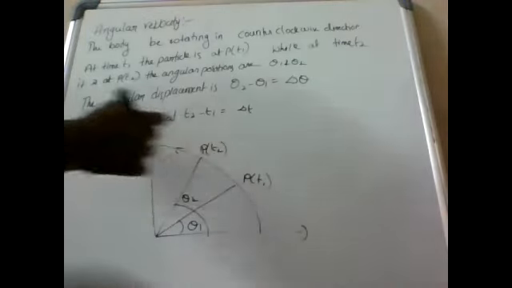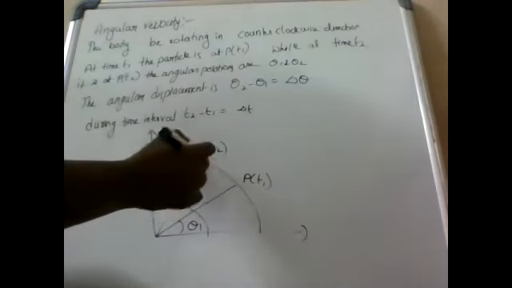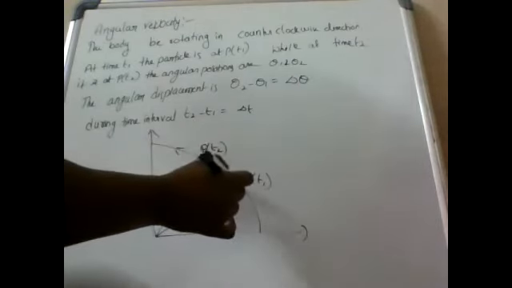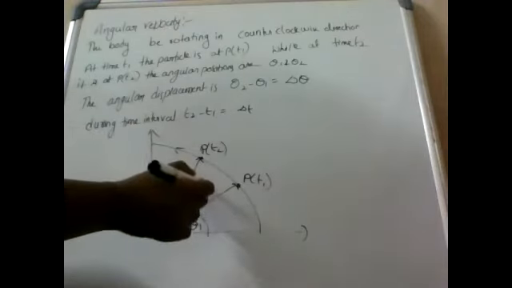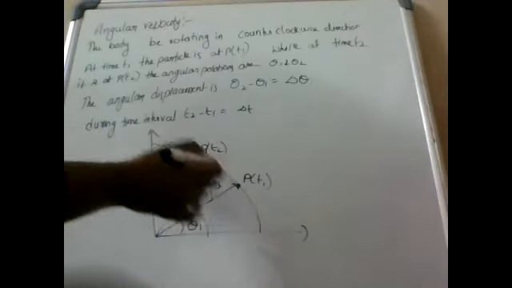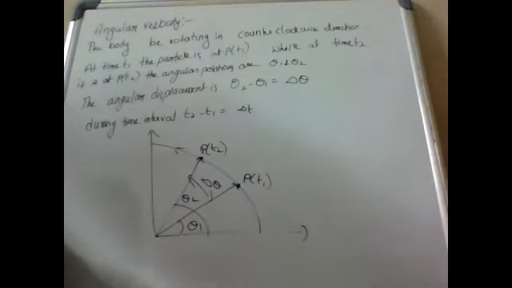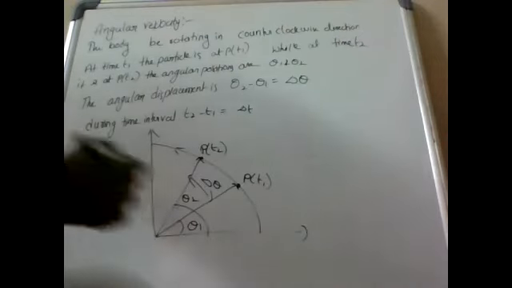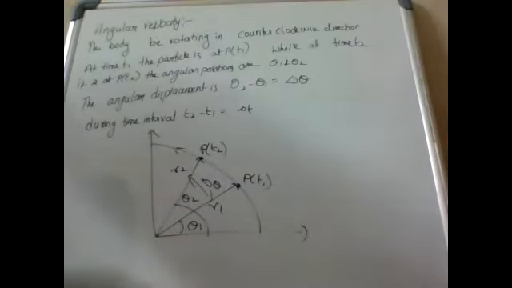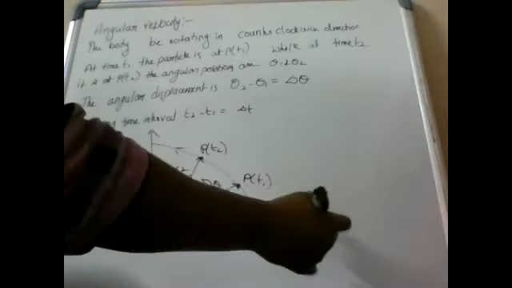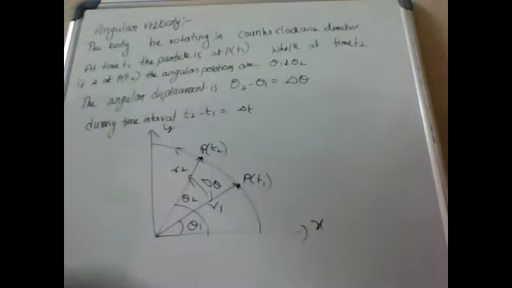So particle at t1 and particle at t2. This is the angular displacement delta theta. So here radius r1, here r2. This is the x-axis, this is the y-axis.